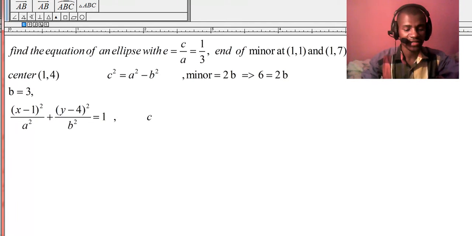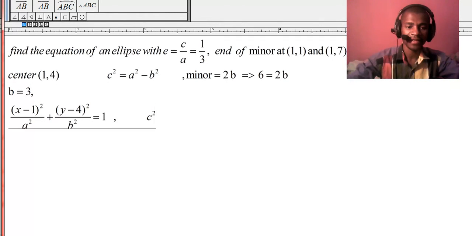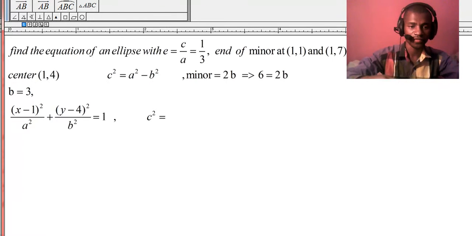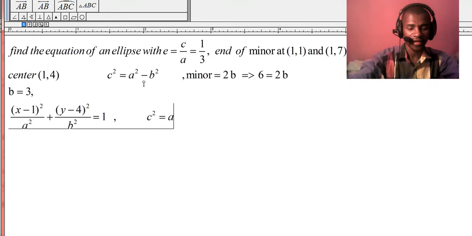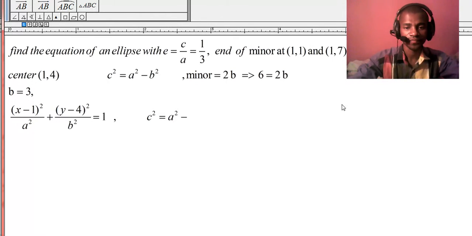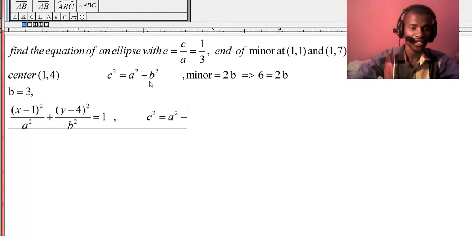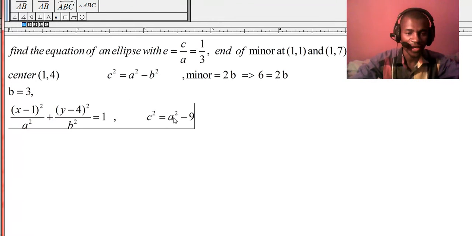We are having c squared equal to a squared minus, and we know that b is equal to 3, so we can just put 3 squared, which is 9. And then we can make 9 the subject of the formula.